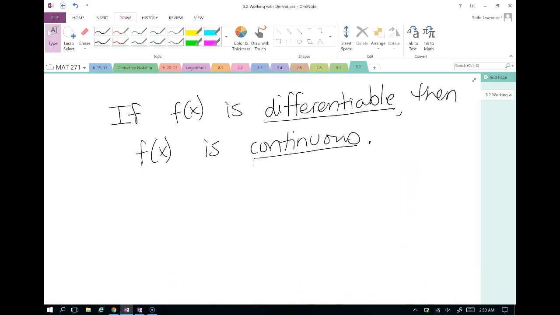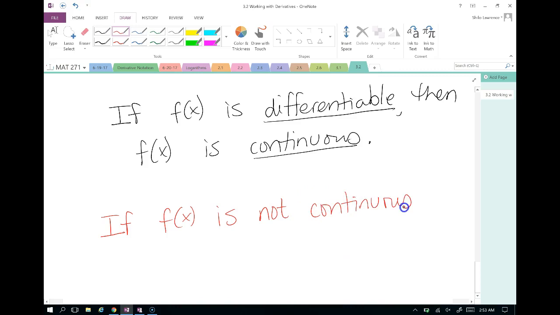And then the contrapositive of this is also true. If f of x, and we just wrote this as criteria number 2, I believe, if f of x is not continuous, then f of x is not differentiable.